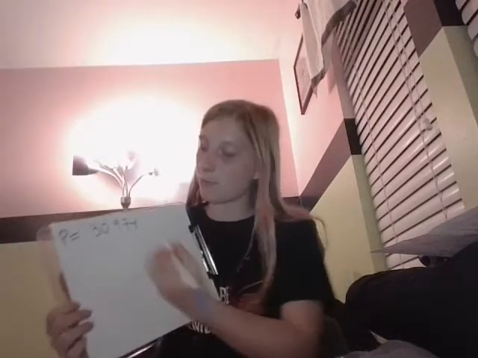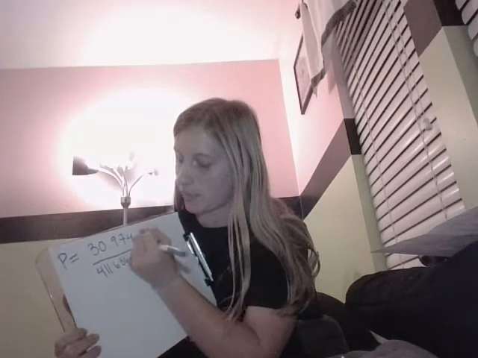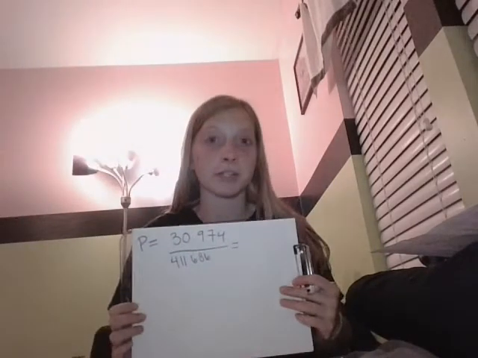We need to divide mass over molar mass, or part over whole. So let's start with phosphorus. We can put our mass, 30.974, on top, and we can divide that by the molar mass that we just found, which was 411.686. And when you plug this in your calculator, you should get a decimal.